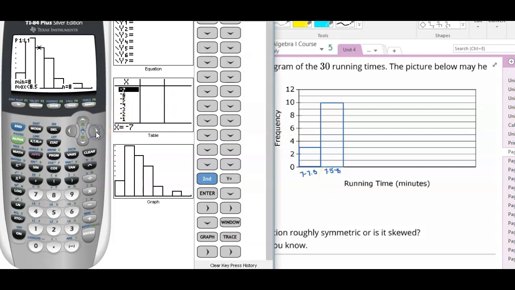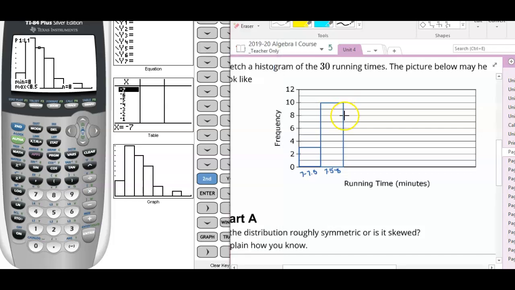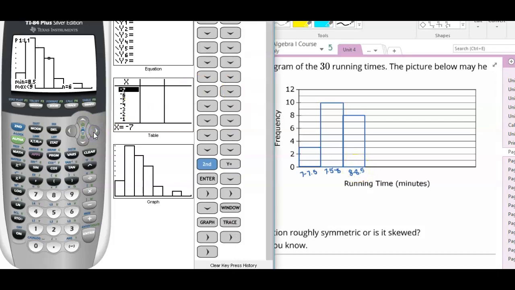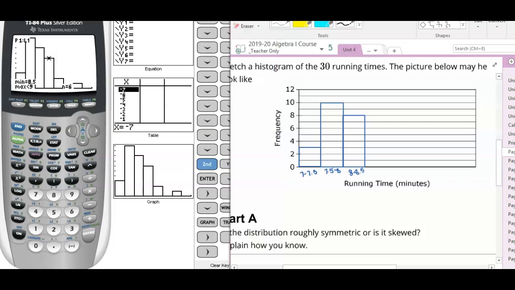Looking at my calculator, the next one goes up to 8, and it's 8 to 8.5. Trying to keep the bars on my histogram even. The next one goes up to 6, and it's 8.5 to 9.